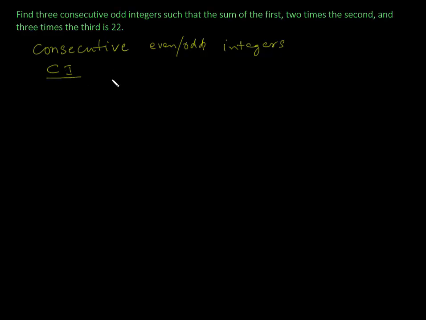If I take any integers, let's say a very basic one, 1, 2, 3. These are 3 consecutive integers. So are 4, 5, 6. So are 100, 101, 102. These are all examples of 3 consecutive integers.